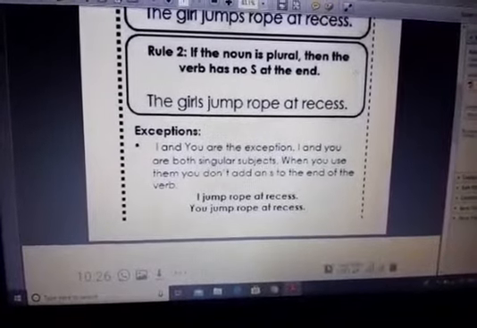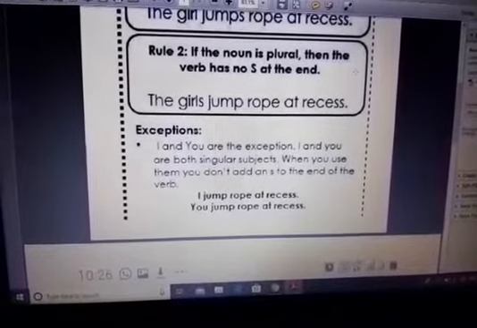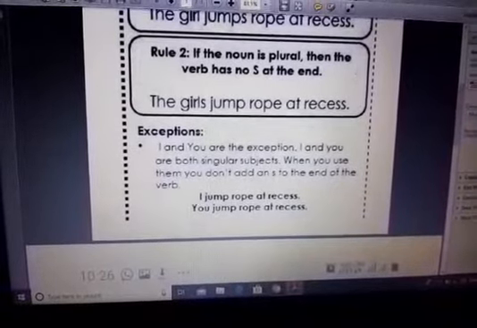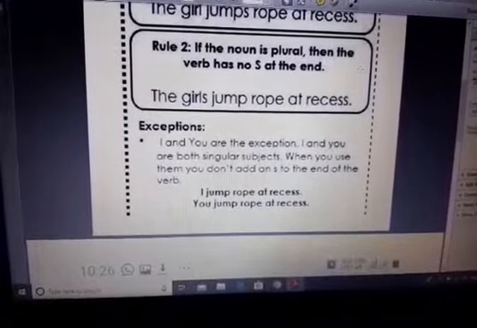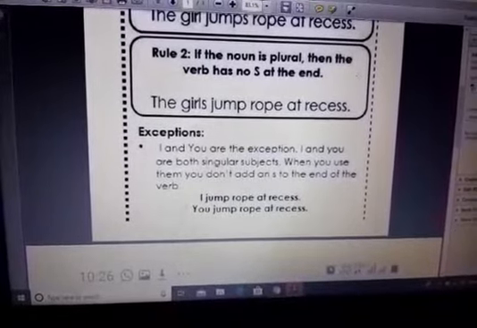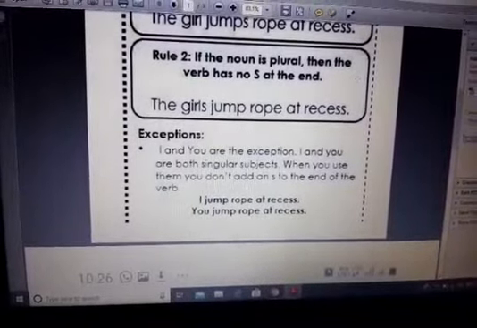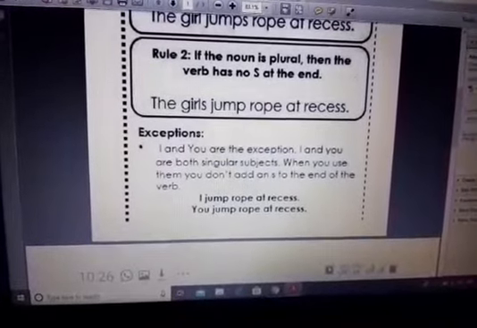Like suppose the girls jump rope at recess. Here the girls is a plural subject. So there is no change in the form of the verb. It will take the same first form of the verb. In this way, this subject and verb agrees with each other if the noun is plural.